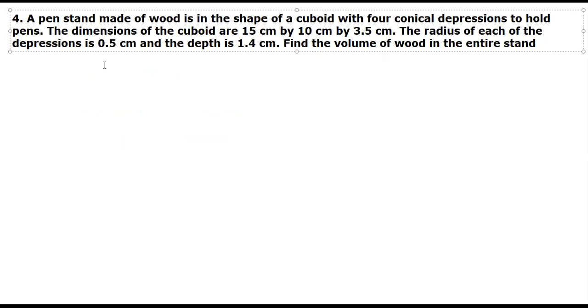You can see the diagram which is given in your question only. So a pen stand made up of wood is in the shape of a cuboid with 4 conical depressions to hold the pens. So it is related to the pen stand. As you have seen the diagram, there is a cuboidal shape.